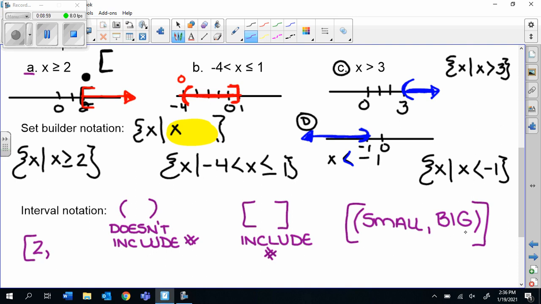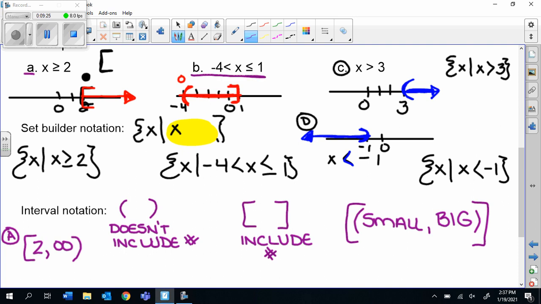So the biggest number cannot be reached. It goes forever to infinity. So we write infinity here. And since you never can reach infinity, you can always add another 0, you're going to use a parenthesis. Whenever there's an infinity or a negative infinity, you write it as a parenthesis. All right, so here is A in interval notation.